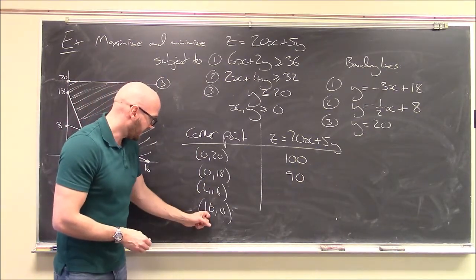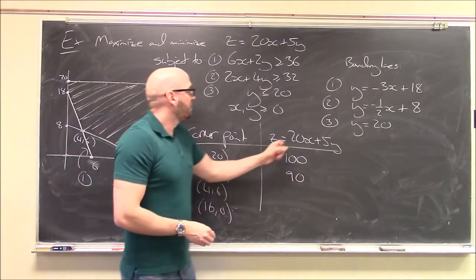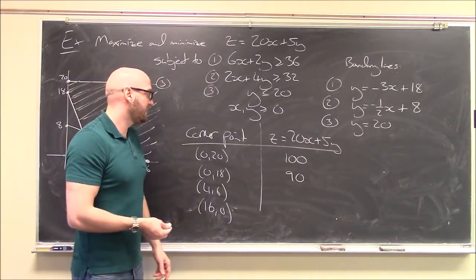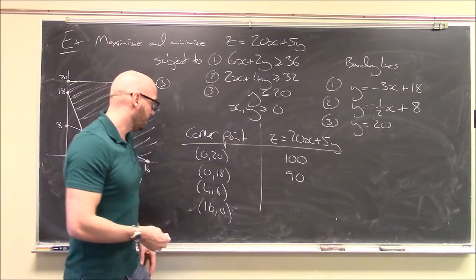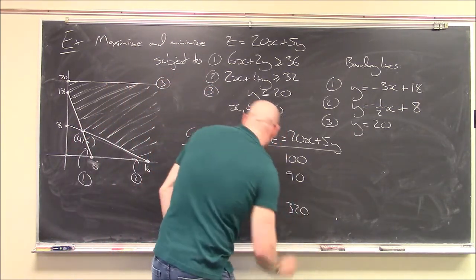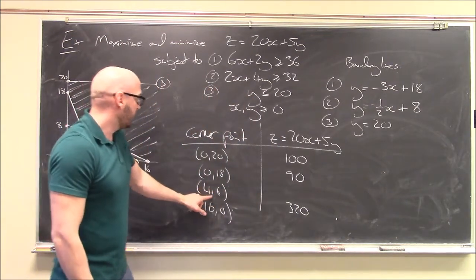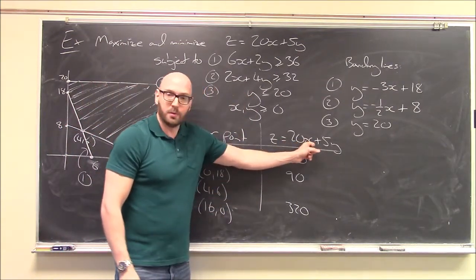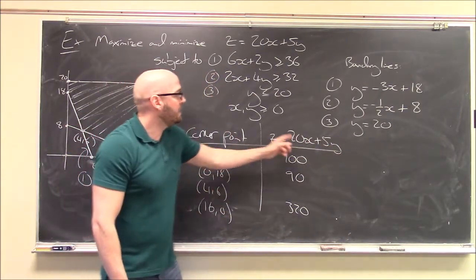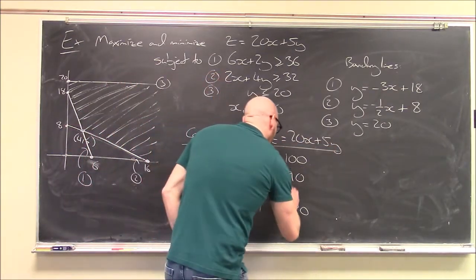Let's skip this one for a second. 16 and 0: 10 times 16 is 160, so 20 times 16 is 320, plus 5 times 0, so here I have 320. And last but not least, 4 and 6: 20 times 4 is 80, plus 6 times 5, 80 plus 30 is 110.